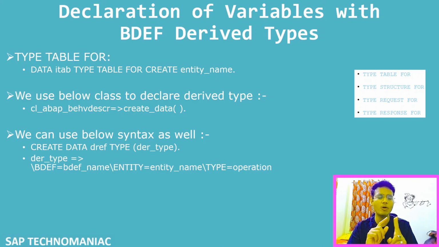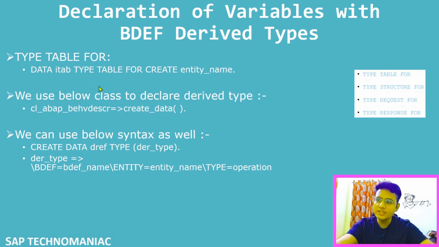The derived type always needs two pieces of information: one is the CDS entity, and second is which operation you want to do. Based on the operation, the additional parameters will be added to that derived type by the ABAP runtime environment. So whenever we create a derived type, we give the operation and the entity.